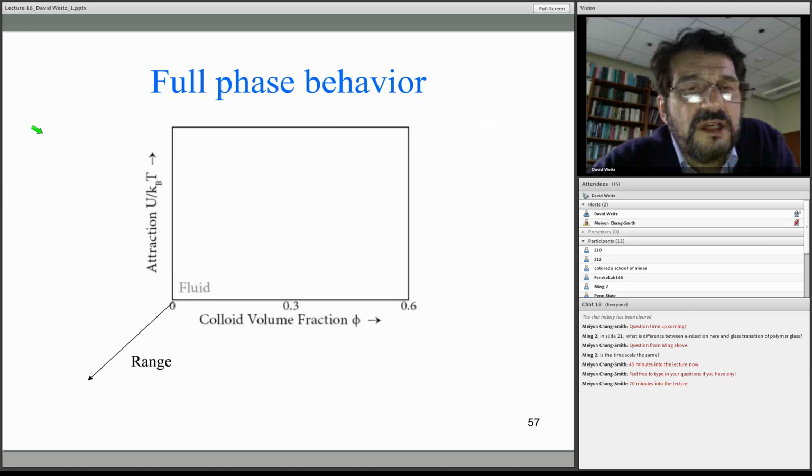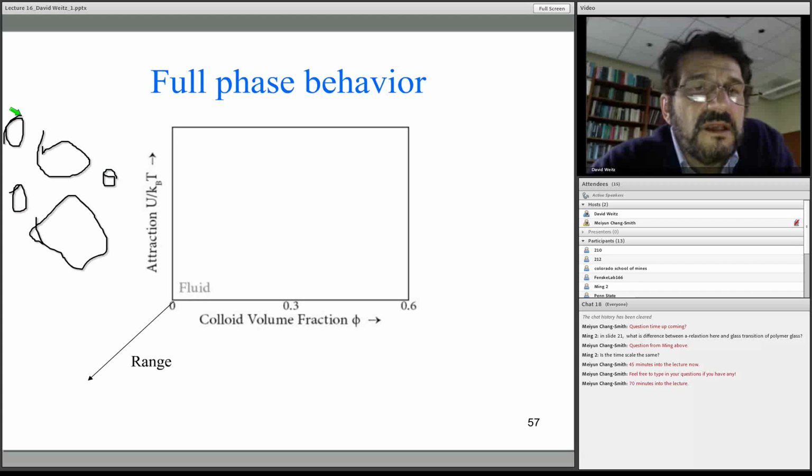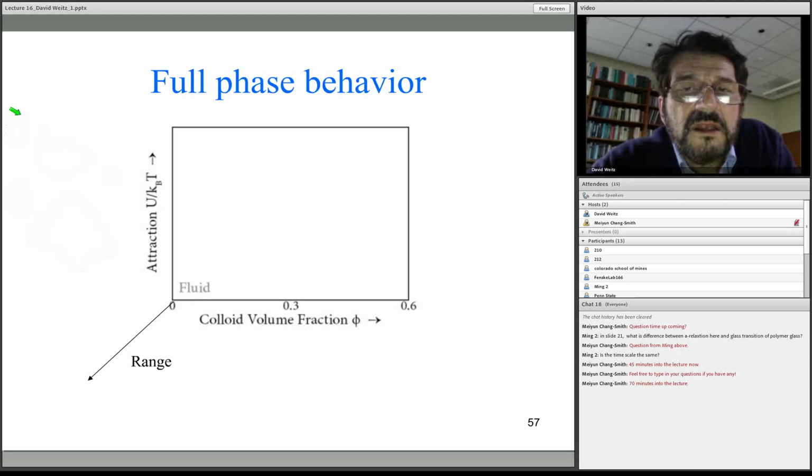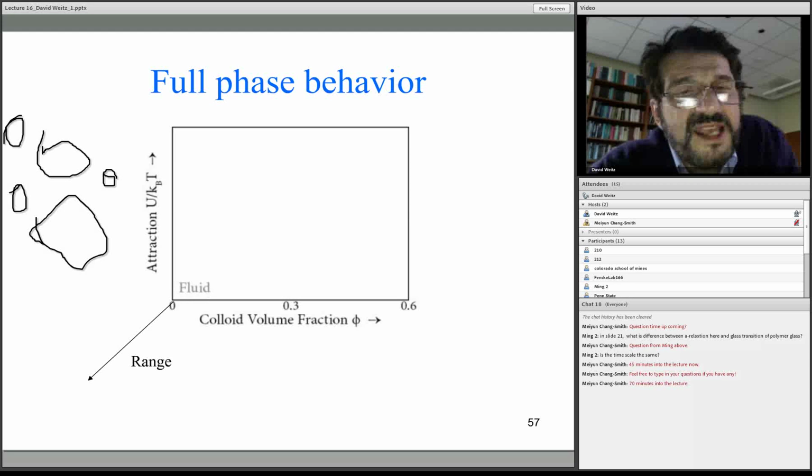Depletion interaction. I have one particle here, another particle here. These are supposed to be spheres, and I have lots of small particles in between them. So many small particles. Somehow now you can see that the small particles exert an osmotic pressure on the large particles.